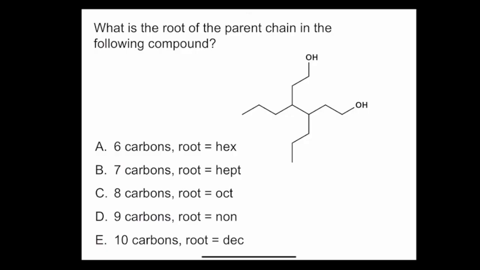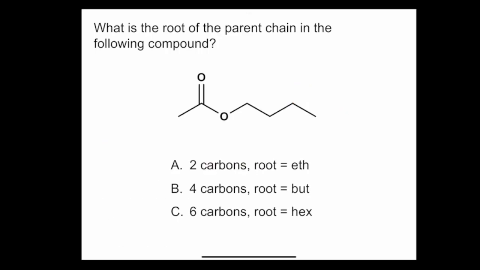This is an alcohol. If it is an alcohol, the longest carbon chain must contain that functional group. If you're modifying the end of that name, it is an alcohol, meaning the functional group is associated with it. You have to select the carbon chain that incorporates it. Otherwise, those alcohols are side chains. This would be an octane at that point, okay?